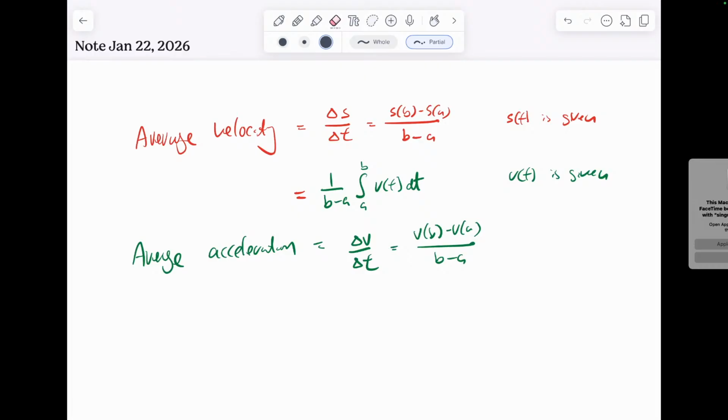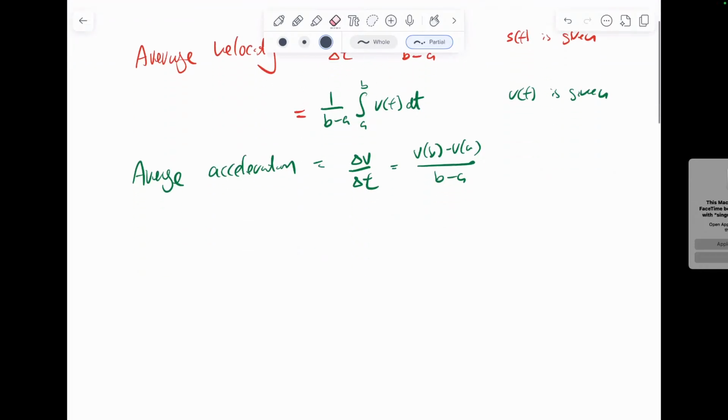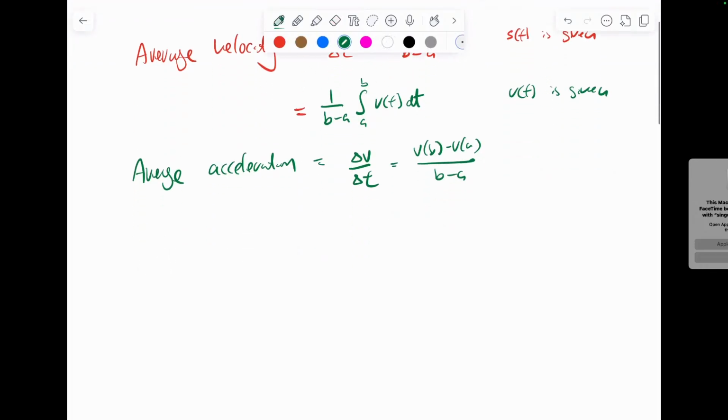I also would like to mention speed. Did we mention speed yesterday? Speed is equal to the absolute value of V of t. I'm going to explain why in a second so you can understand. Velocity has a direction; it's a vector.